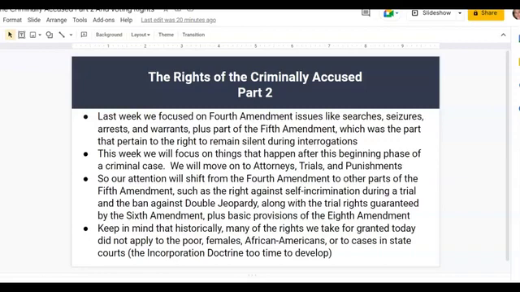But it wasn't guaranteed that state governments and state courts had to abide by all those rights. So as we'll see, it took some time for us to come to the realization that, for example, in state trials, you should get an attorney if you can't afford one, not just federal trials. So just some historical context.